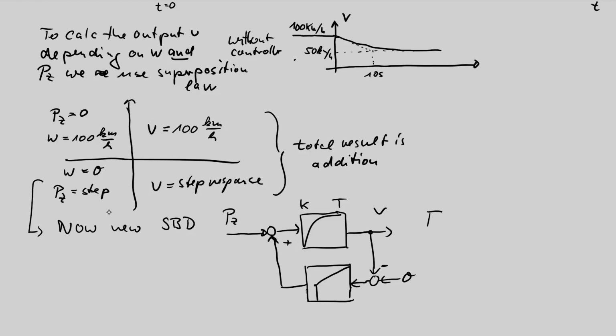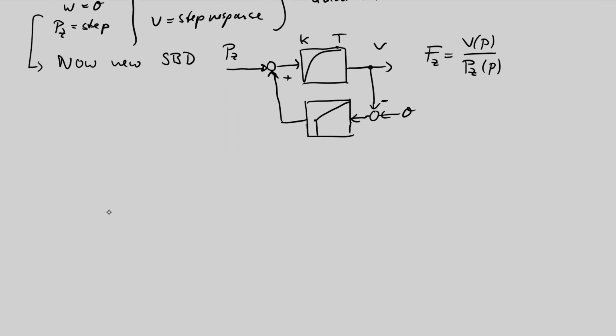And the transfer function, you can say the disturbance transfer function, is that function where output speed is related to input disturbance power of P. So, with our signal block diagram reduction methods, we can just write down my transfer function as 1, minus sign, but here's a plus sign, so we need a minus sign here, but we have in the feedback loop an inverter, so in total we have a plus sign here.